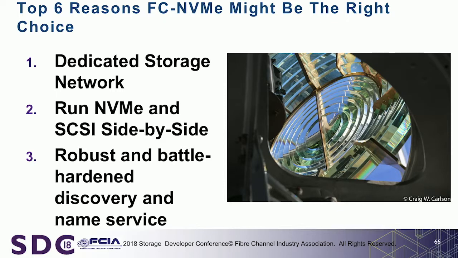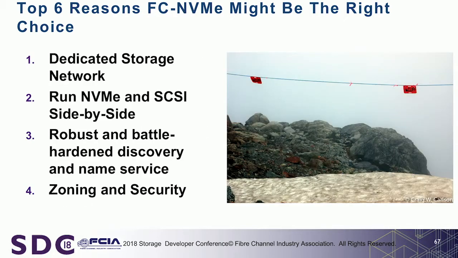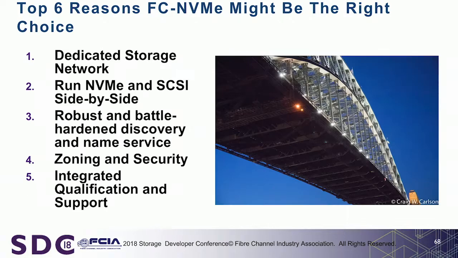You have a long-tested discovery service, which is, in most cases, automatically configured. Zoning and security also apply to FC-NVMe. And we also have the years of integration into data centers that FC has, which FC-NVMe can now use.